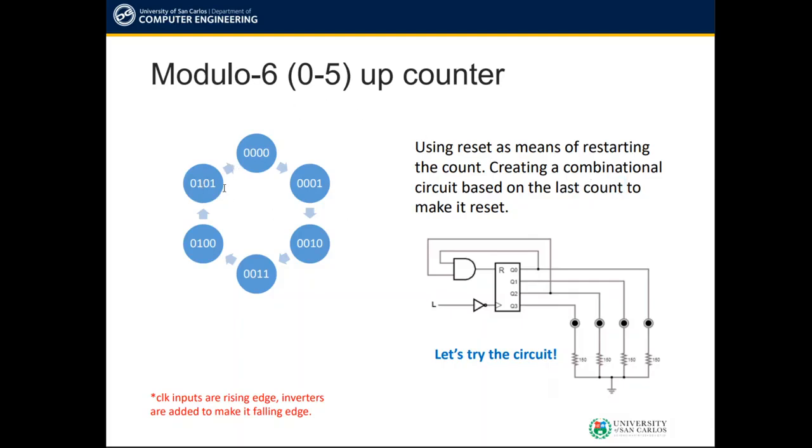So what can we do to make it reset when the count is 5 or after 5? But remember, this is after 5. We still need to show it is 5. To demonstrate this, I just link here that this is 5. So whenever the value of your Q0 and Q2 is 101, or 11 here, it resets the value of your count.